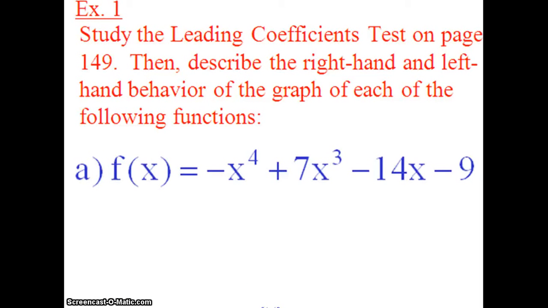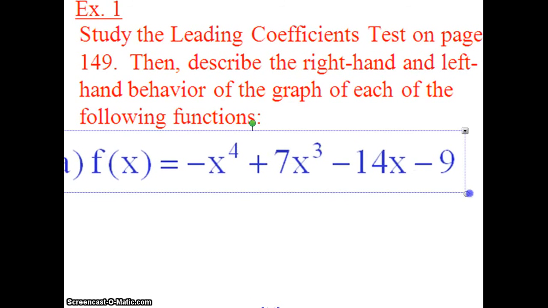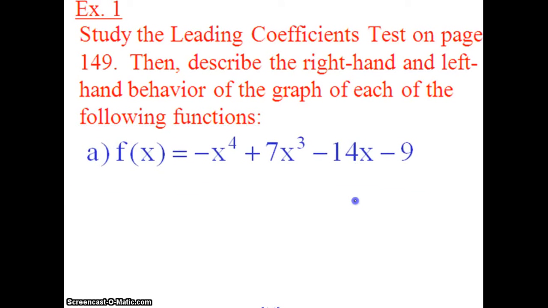Take a look at this one here. What is the leading coefficient? Negative. What's the degree of the function? 4.